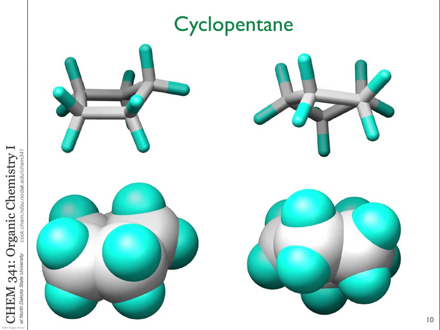Now, with a 5-membered ring, if you look down one of the carbon-carbon bonds where that puckers, you'll see that we have achieved almost, not quite, but almost a staggered position here, right? That's not 60 degrees, but it's getting closer to being halfway in between.